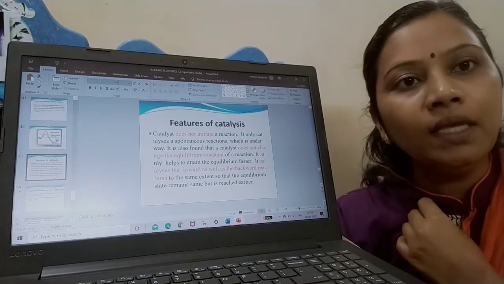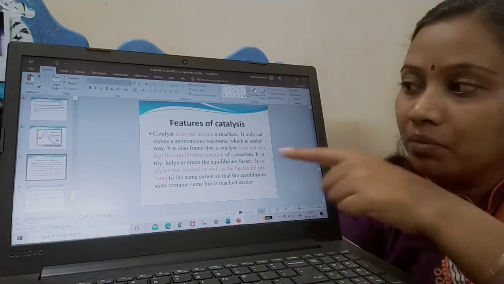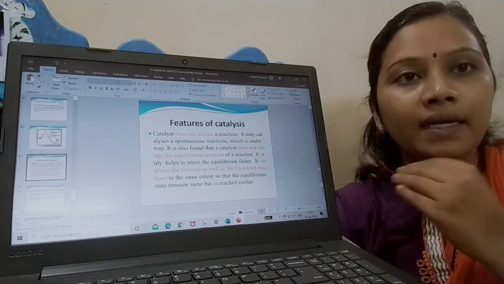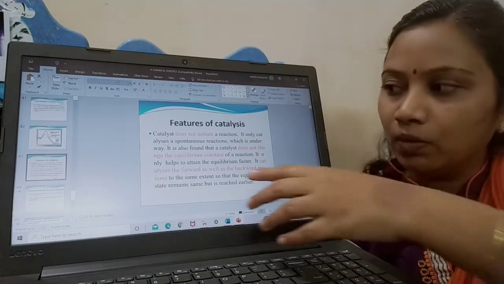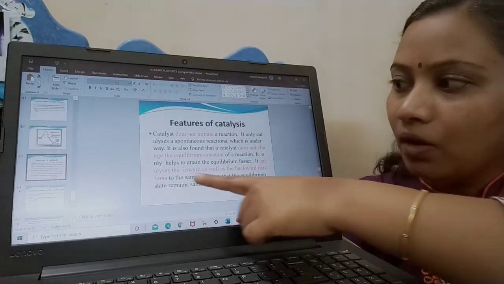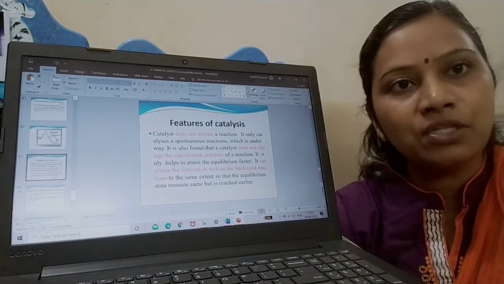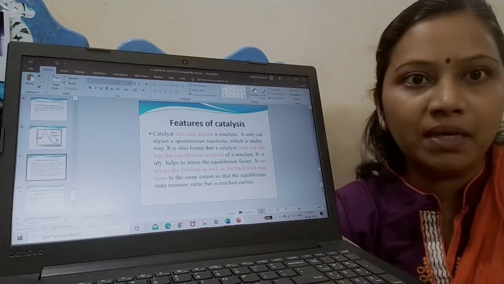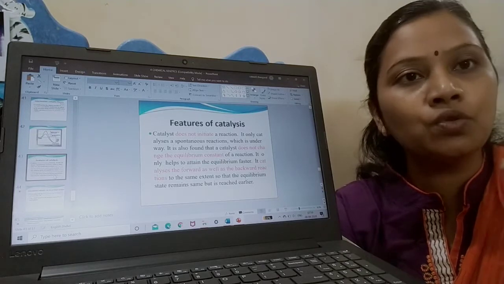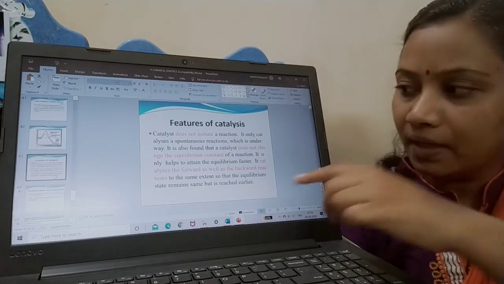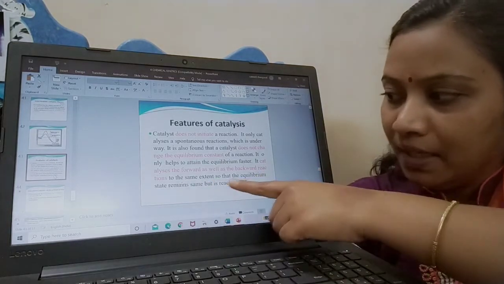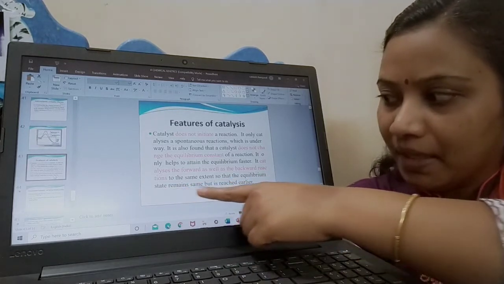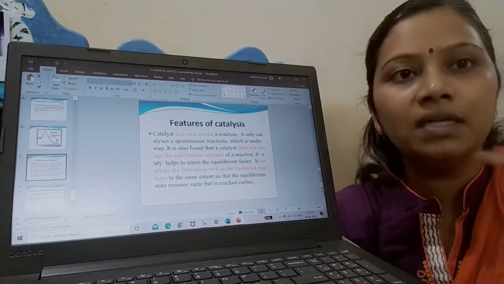It does not play any role in changing the equilibrium constant, but it helps the reactants reach equilibrium faster. It catalyzes the forward reaction and the backward reaction to the same extent. It gives equal importance to the forward and backward reactions, so the equilibrium state remains constant, provided it is reached a little bit earlier.